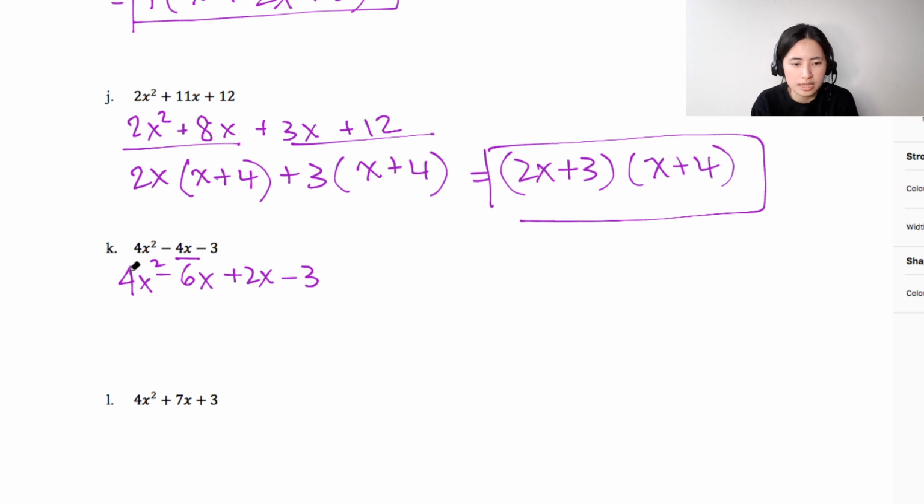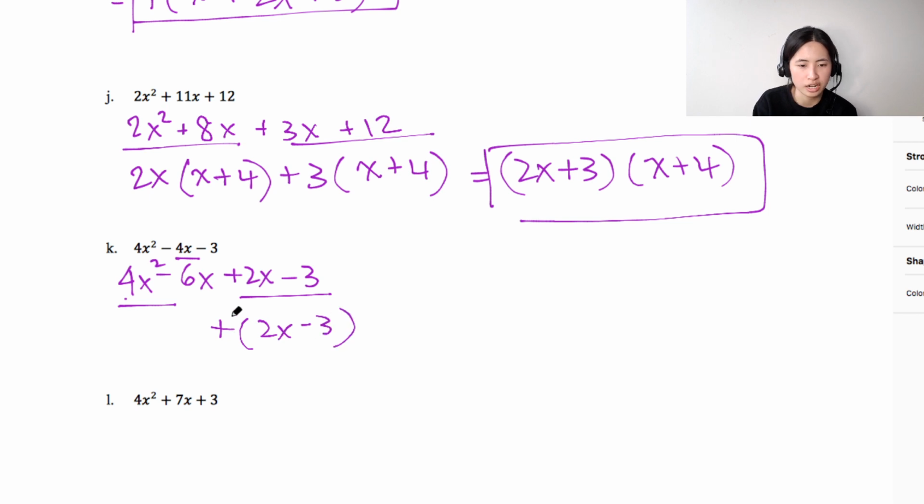So what I'm going to do is think about the greatest common factor between this term and the other term. You're supposed to group them together and see if you can get the greatest common factor. Actually, between 2x and minus 3, you cannot really take out anything except for 1. So we'll just keep this as 2x minus 3.